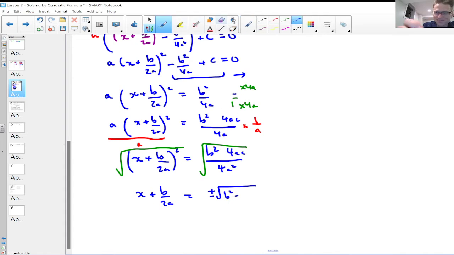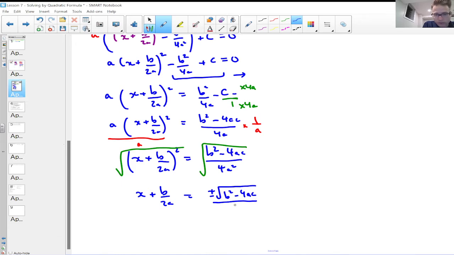So b squared minus 4ac. And then I can take the square root at the bottom.